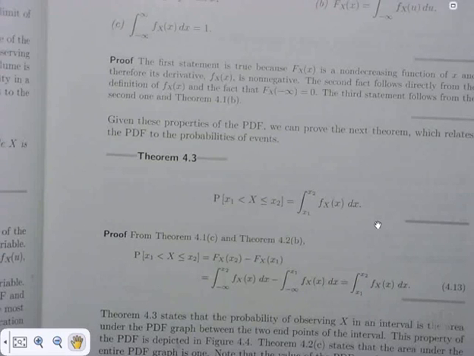If you have the PDF, that's how you find the expected values in this world. If you have the CDF, you can take the derivative. Further, you can easily get the CDF from the PDF by integrating, going the other way. Okay, so they're related. Expected values are important: the PDF in the continuous world, the PMF in the discrete world.